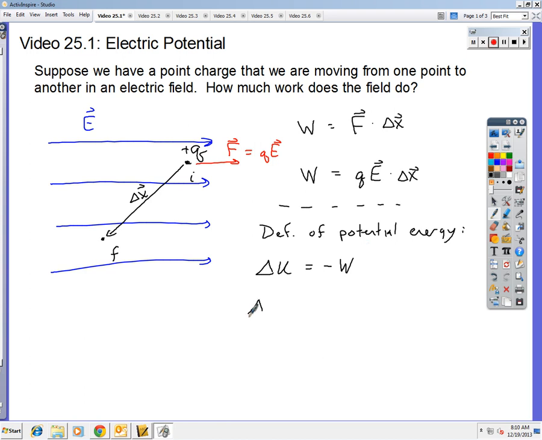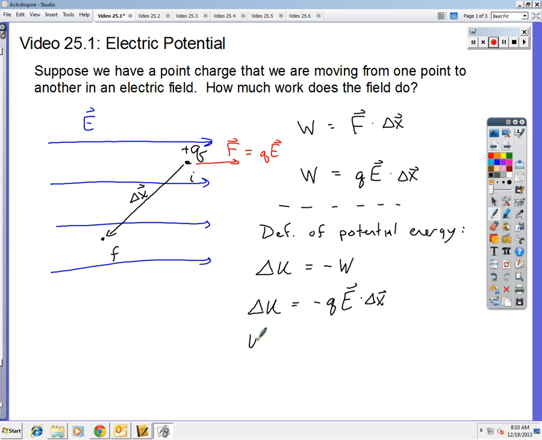So the change in potential energy as we move the charge from initial to final positions is negative QE dot delta x. Now we'll notice, if we double Q, then we're also going to double the change in energy. And if we make Q smaller, we're also going to make the change in energy smaller.